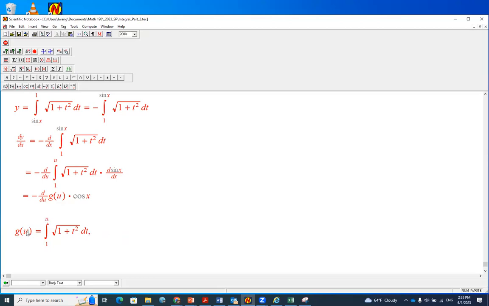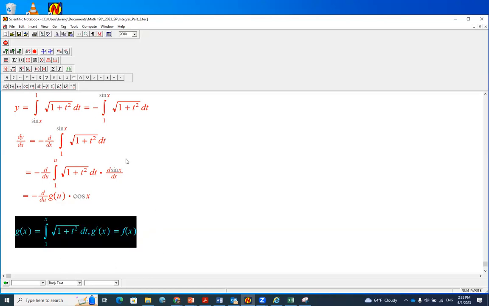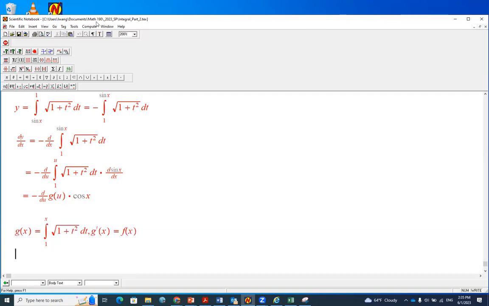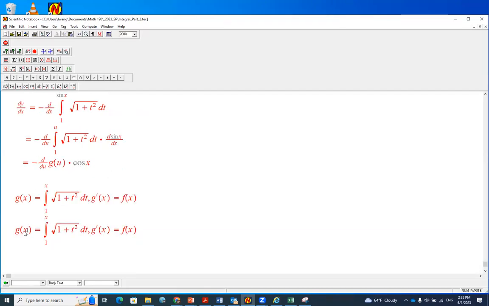And when this is x, this is x. So g derivative with respect to x is equal to f of x. If you change x to u, same thing, because these symbols are merely placeholders.